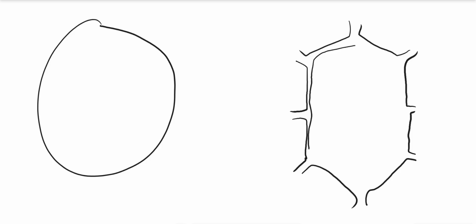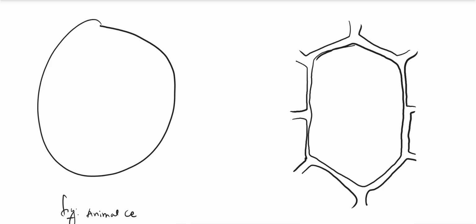I request everybody to draw along with me, so it will help you to draw it nicely. Now this is the figure of animal cell that I am going to make, and that is the figure of plant cell.